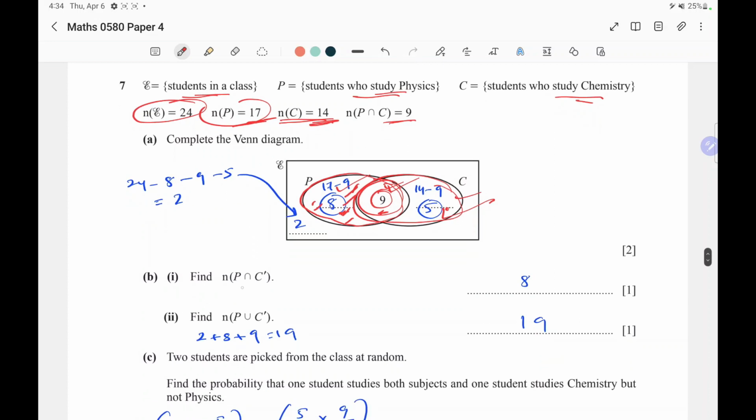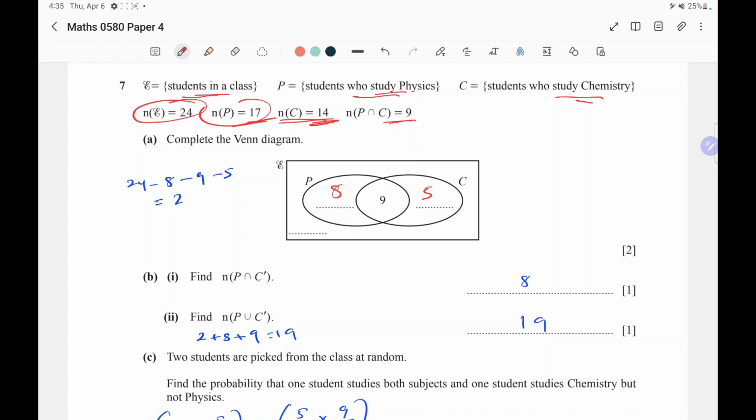Now find P intersection C complement. Let me explain that. What was this? 17 minus 9 was 8, and 14 minus 9 was 5.